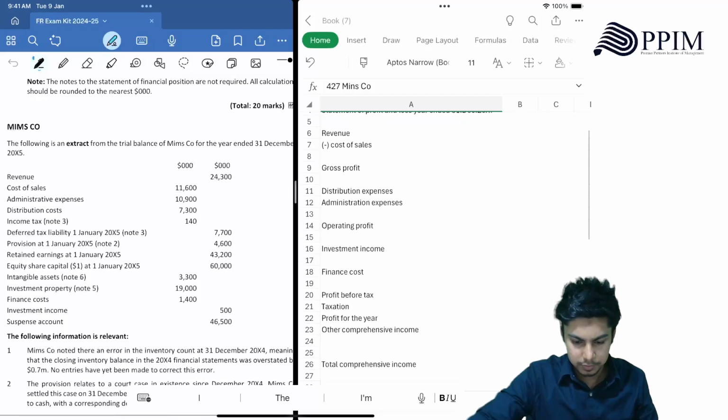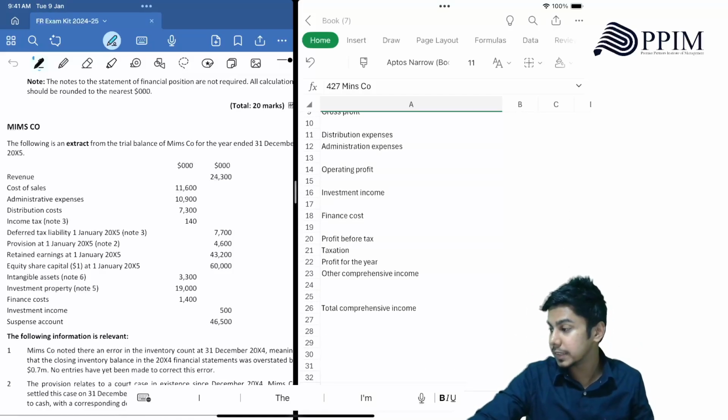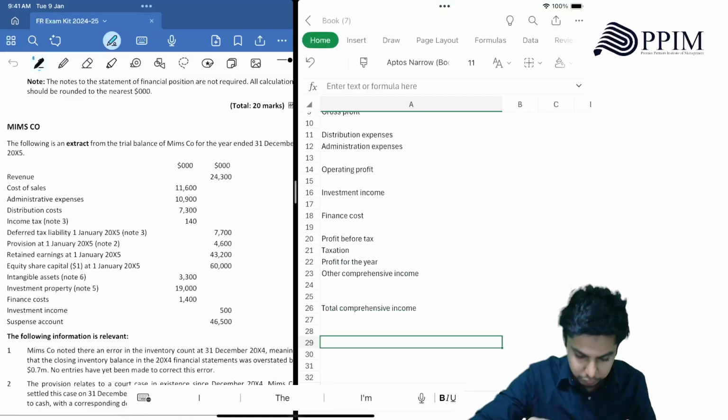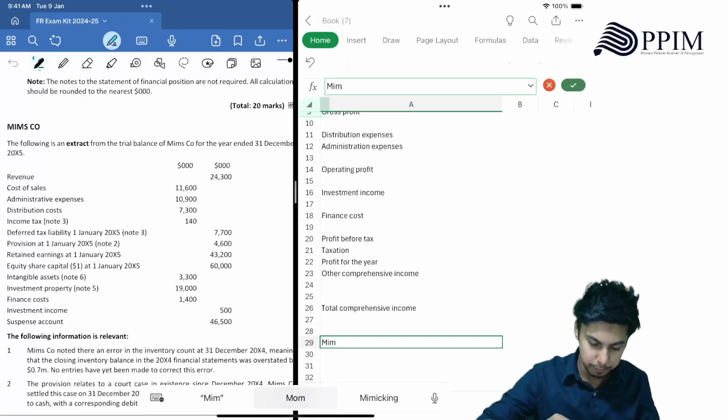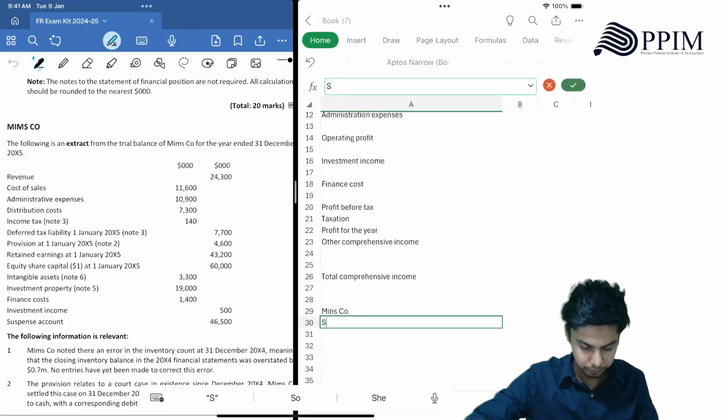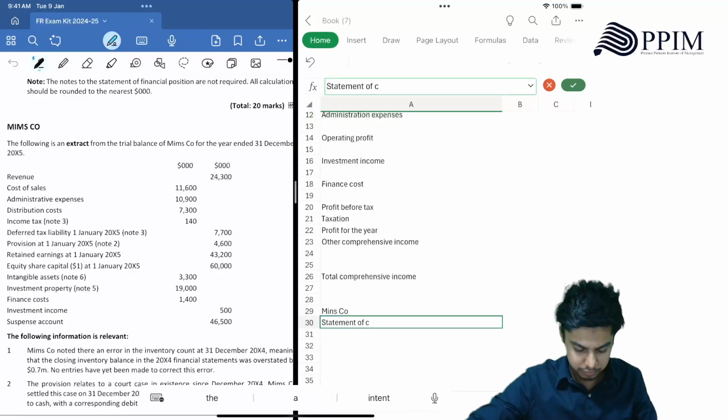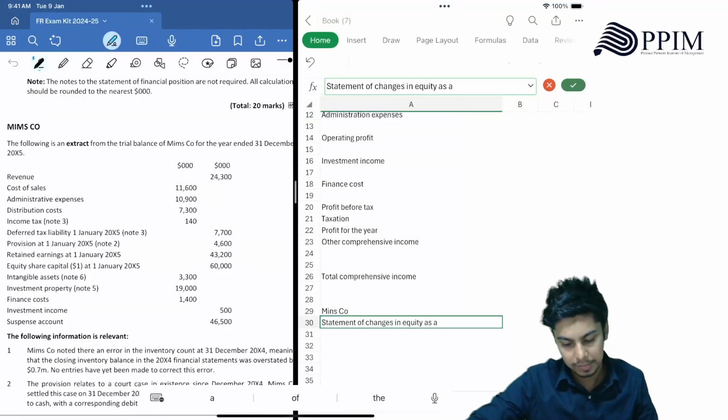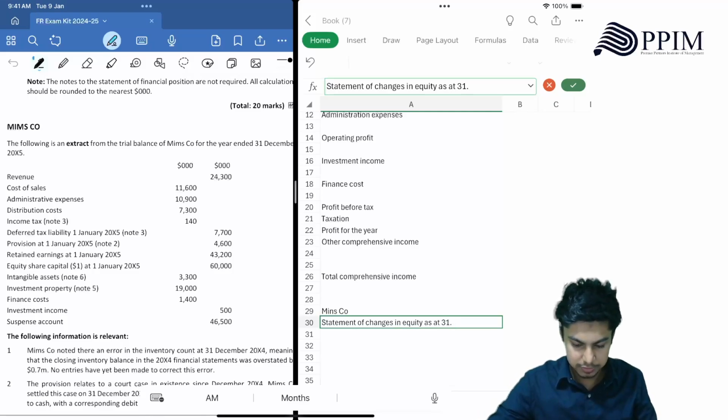Then they are also asking for the statement of changes in equity. So draw that and also keep MIMS Corporation statement of changes in equity as at 31st December 2000.